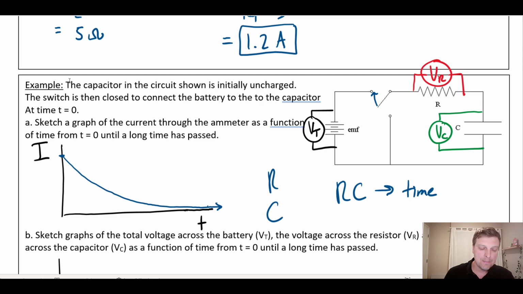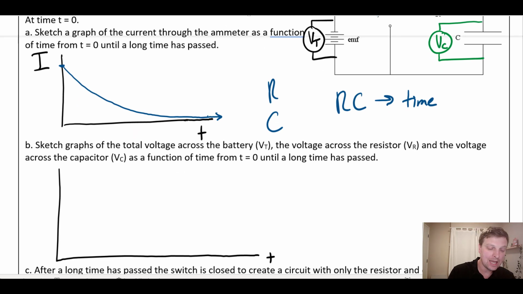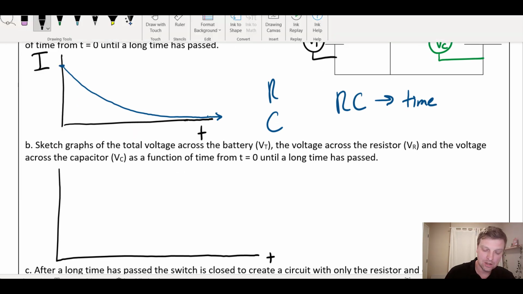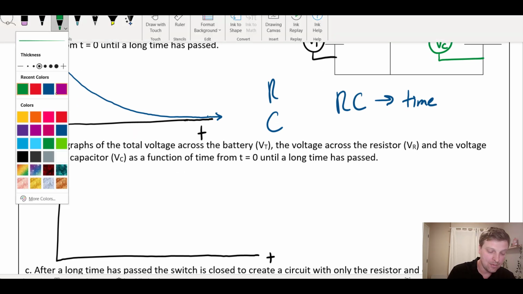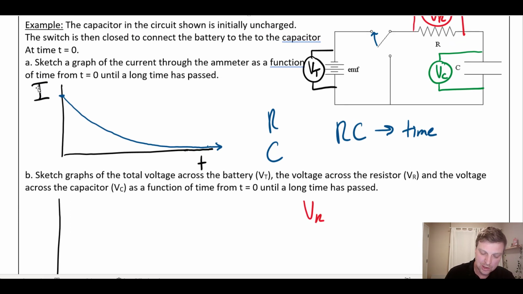If you just ignore the capacitor for a moment, we know that when we just had resistance in our circuit, that followed Ohm's law. So the voltage across the resistor equals the current through the resistor times the resistance.